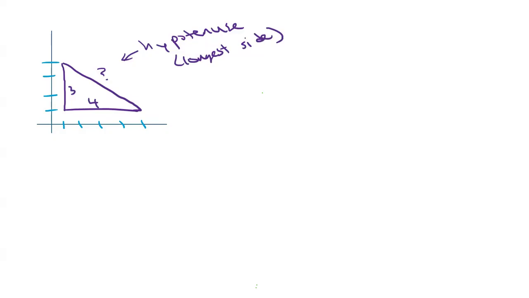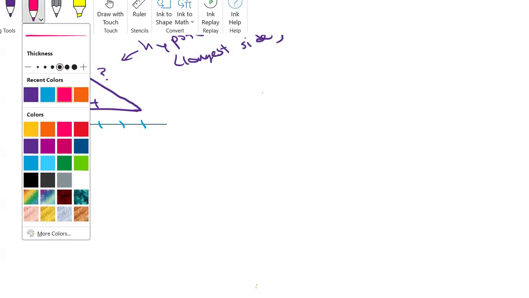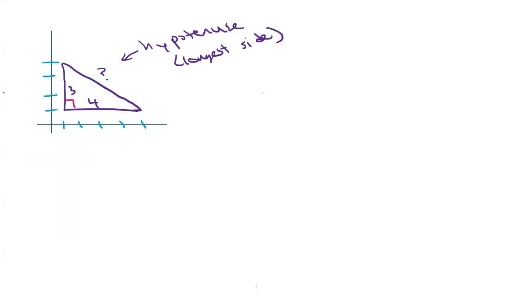And directly across the hypotenuse, you have this little box. What does that little box indicate? A right angle, right? So this little box here represents a right angle, which is 90 degrees, correct?